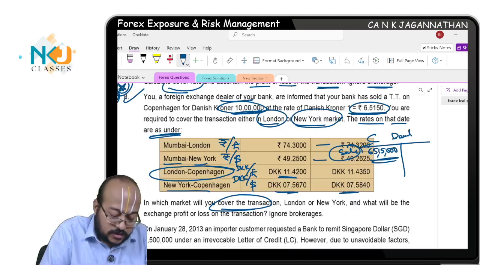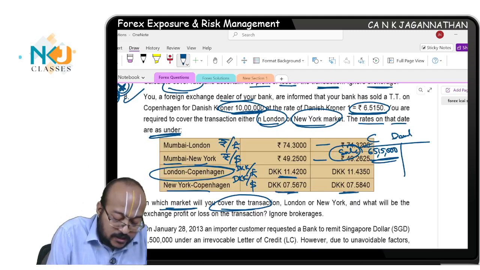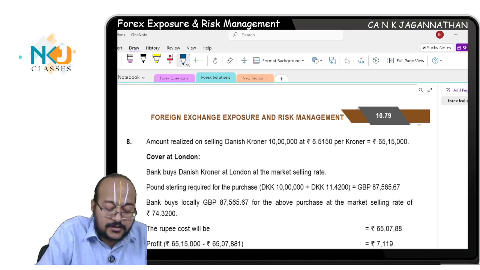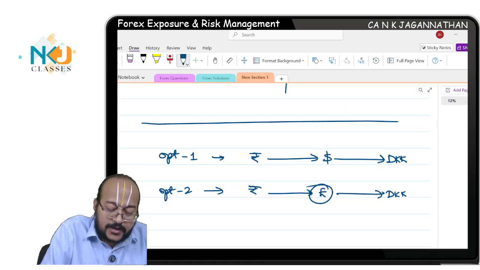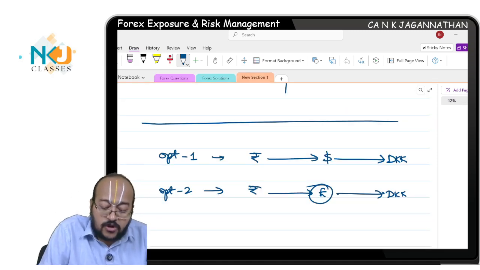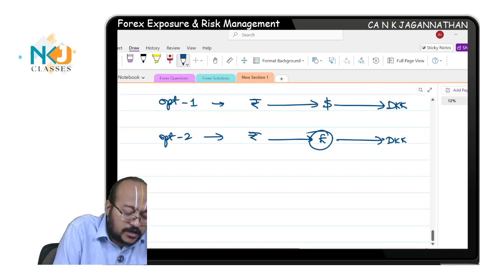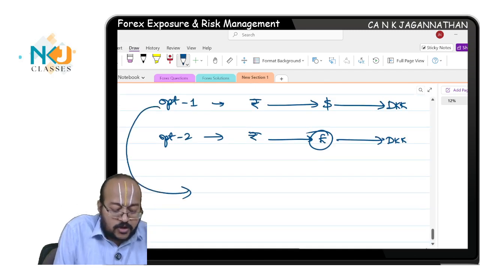What they are asking in the question is in which market you will cover the transaction, London or New York, which means both the London market and the New York market have Danish kroner quoted. If you proceed under option 1, you need rupee per Danish kroner. That is fine.